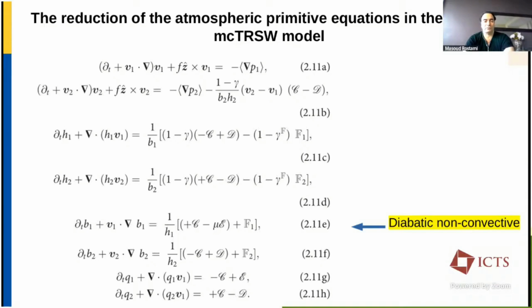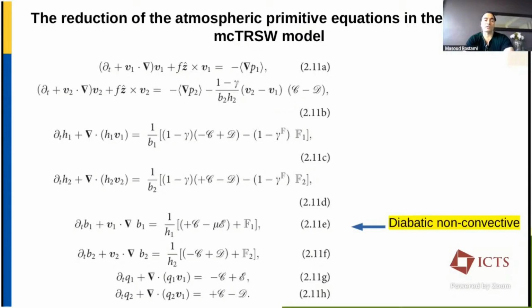In fact, you see buoyancy is g theta over a constant theta. Right, and so theta is constant in each layer? No, it's varying. In fact, B1, you see, on the right-hand side is not 0. B1 is affected by condensation and evaporation, or downdraft, cooling and warming.